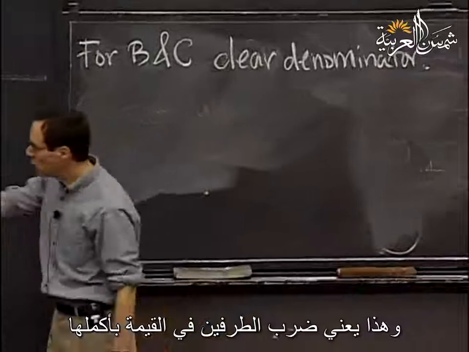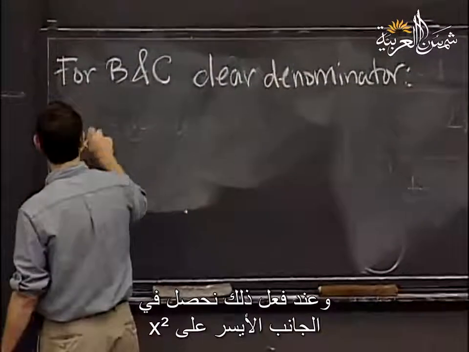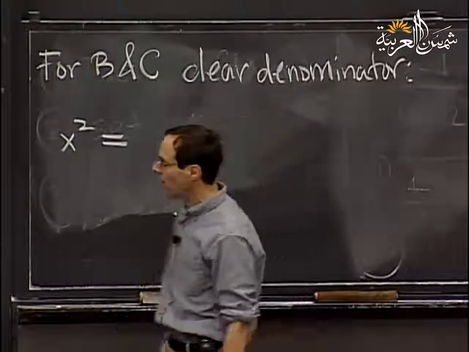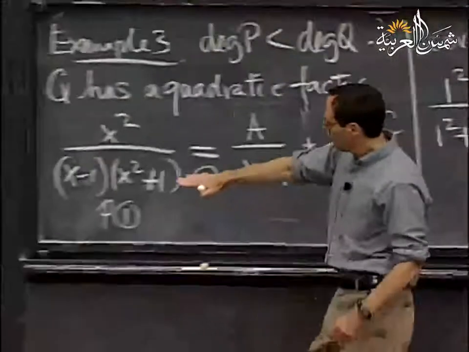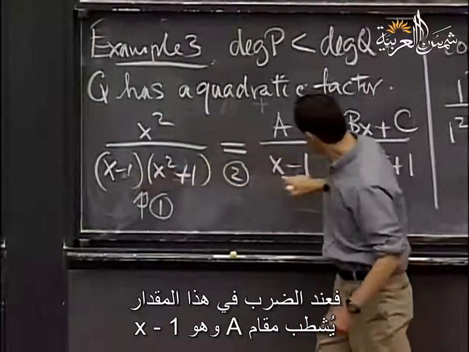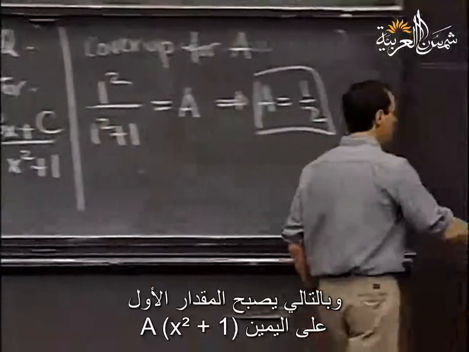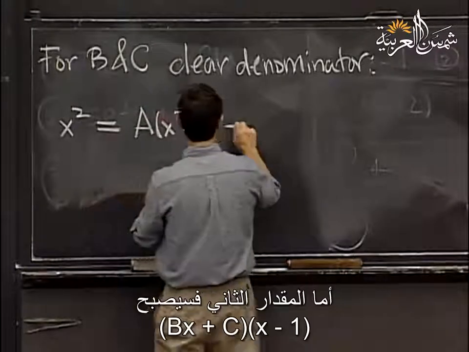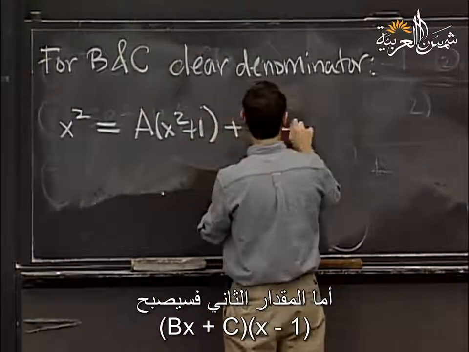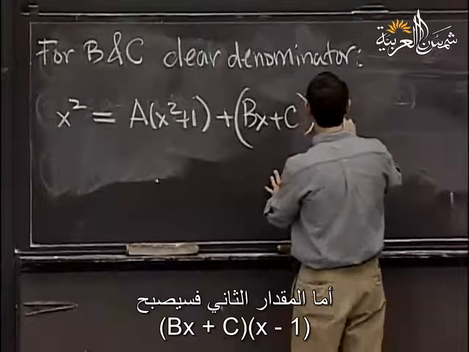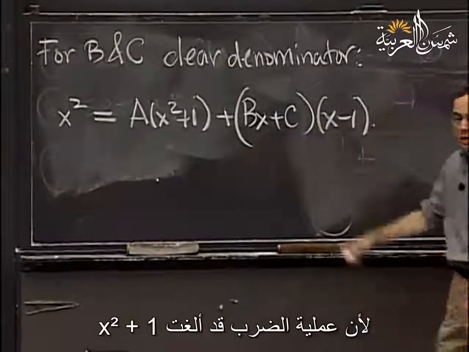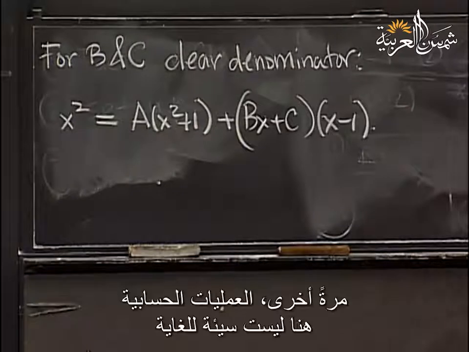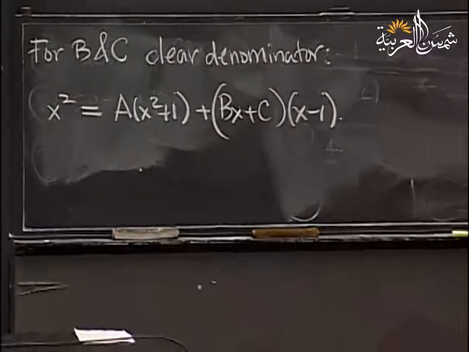That means multiply through by that whole business. Now, when you do that, on the left-hand side, you're going to get x squared, because I got rid of the whole denominator. On the right-hand side, when I bring this up, the x minus 1 will cancel with this. So the A term will be A times x squared plus 1. And the Bx plus C term will have a remaining factor of x minus 1, because the x squared plus 1 will cancel. Again, the arithmetic here is not too terrible.